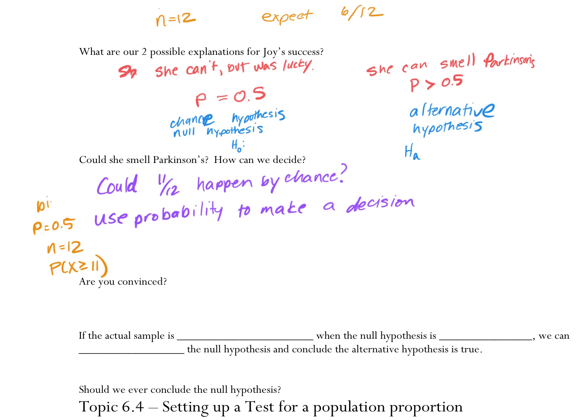So we could throw this into our calculators using the binomcdf, right? And what does the CDF give us? It gives us the probability x is less than or equal to. So we got to rewrite this. What does x have to be less than or equal to?